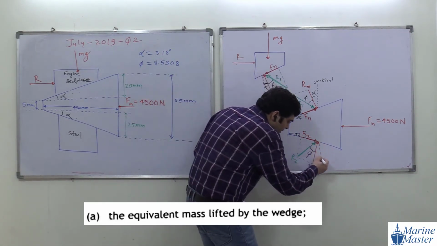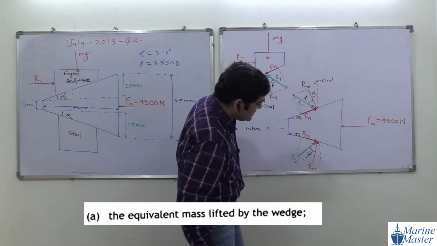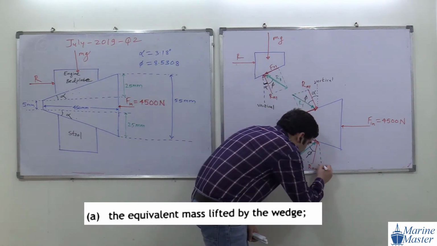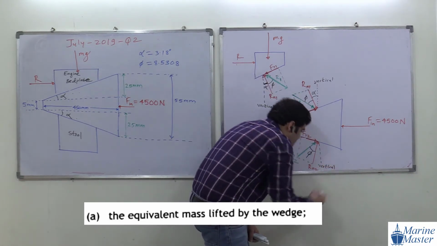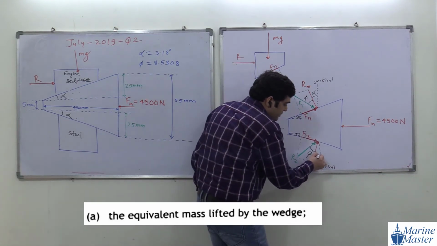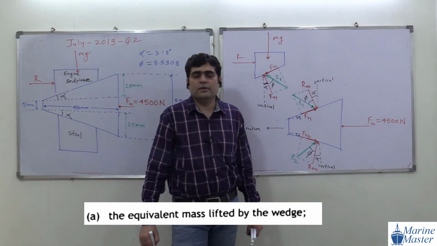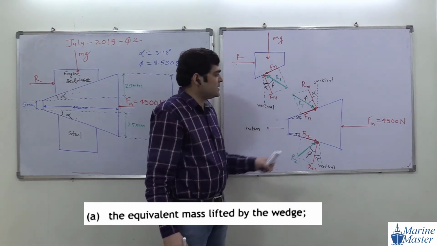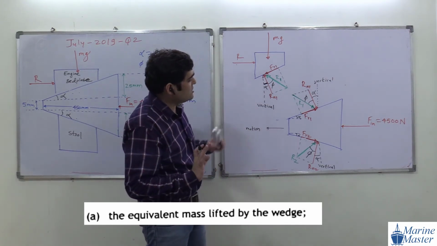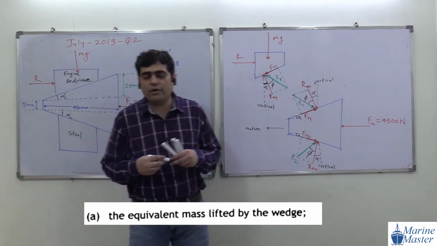Now the next point: this is a vertical line. See, this is vertical. Everyone, try to observe the things carefully. So this angle will be alpha, and this angle will be alpha. Any doubt in this discussion? Drawing is okay for everyone?